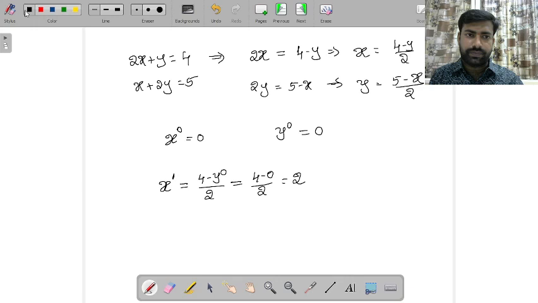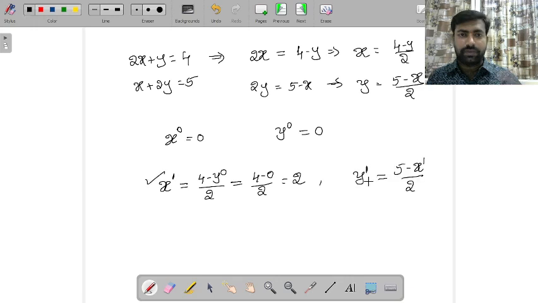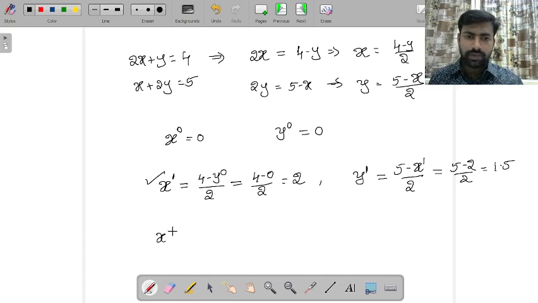In the Jacobi method, what we are doing? We are using x naught only. But here we are using x1. So now let me use the new value, that is (5 minus 2) by 2. So that will give you 1.5. Now let us calculate x2. So x2 equal to (4 minus y1) by 2.